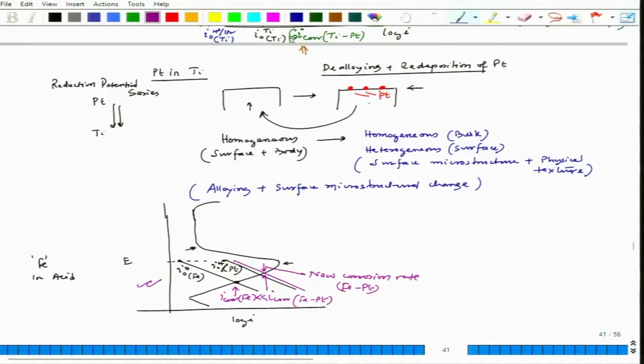Iron will dissolve and platinum will deposit back, and a similar situation can arise as we have seen in the case of titanium. There it will be a catastrophe because the corrosion rate would increase enormously. So we also have to be careful with this alloying, do a proper laboratory test, and then finally go ahead.